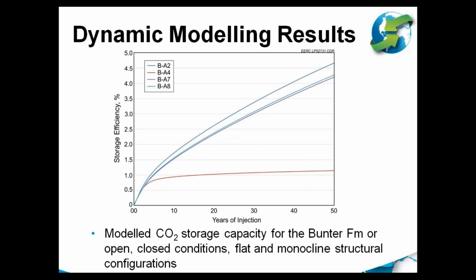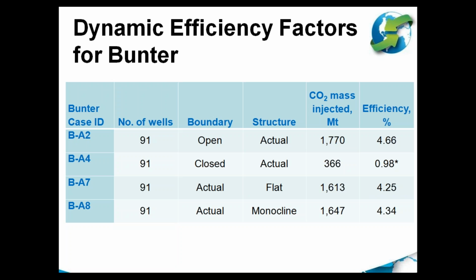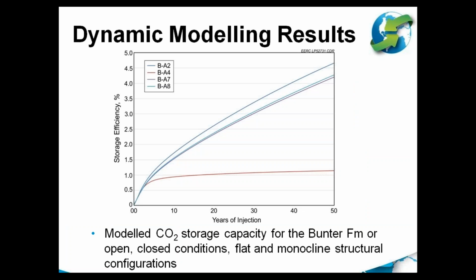Sorry, that's Minnelusa. So the next slide. Oh, sorry, go back. The next slide shows the same phenomenon, except, of course, the different cases are much closer together in the Bunter Formation. But again, what is very striking is that if you assume closed conditions, capacity is much reduced.